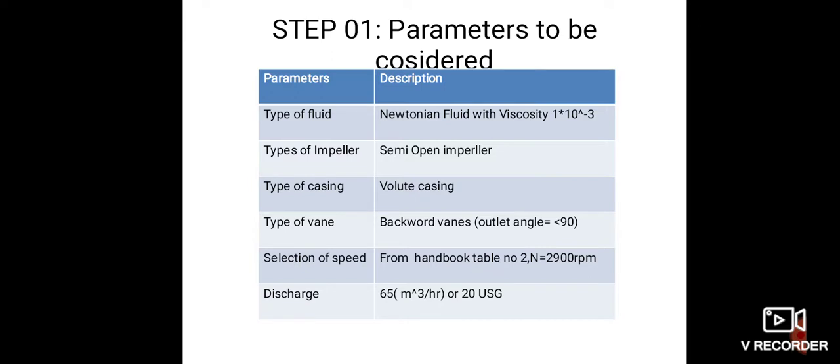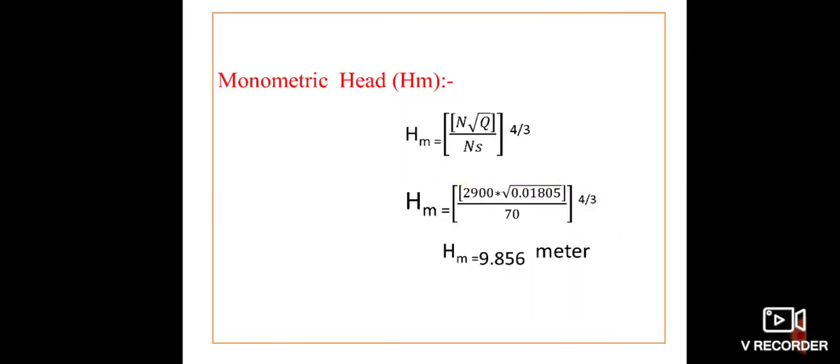The value becomes 0.01805 meter cube per second. Putting this value in, the manometric head is 9.856 meter. Keep in mind this value is in meters, because in the next slide we will take this manometric head in feet, since the graph in the data handbook for selecting the impeller diameters is in feet, so we have to convert into feet.